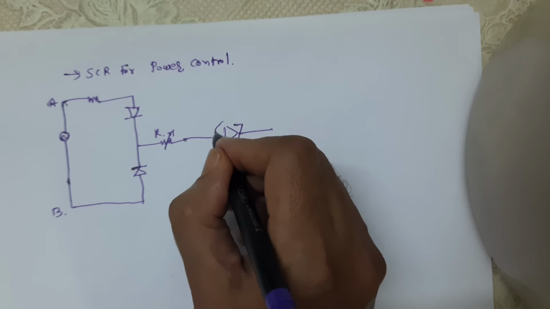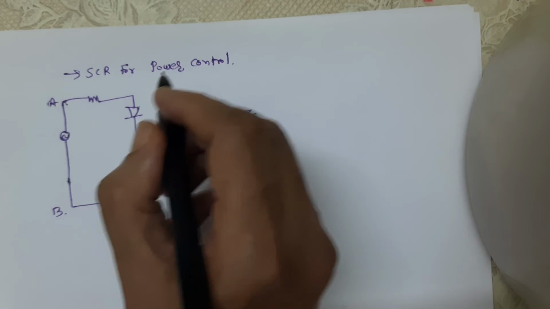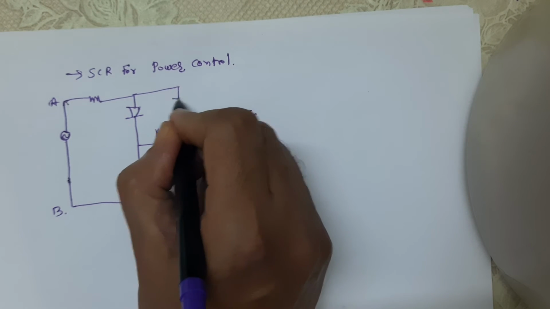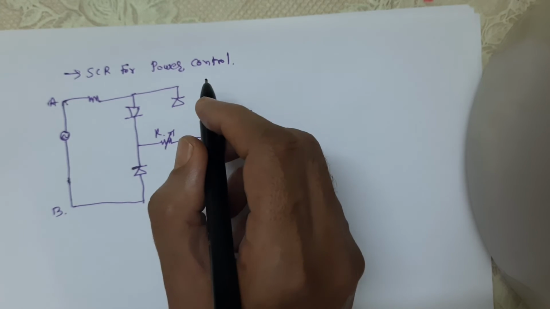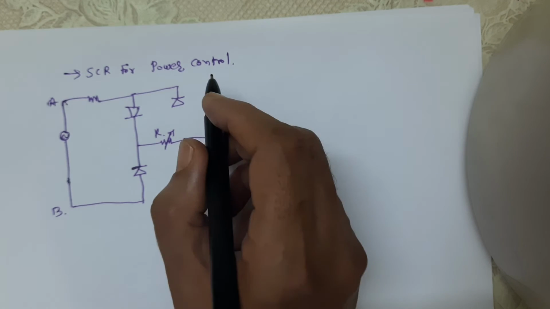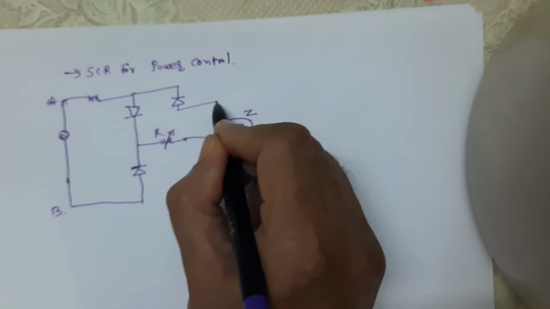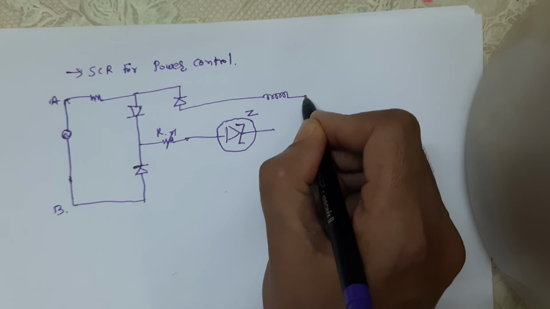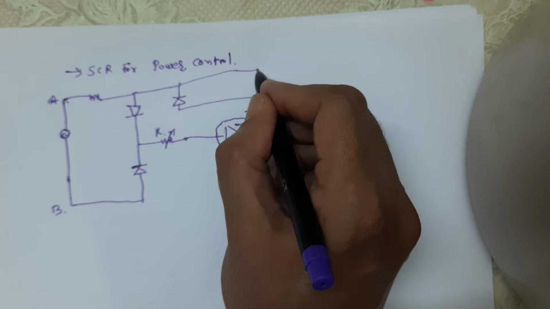This is your Zener diode Z, and from here there is again diode D3, and it is given to the transformer. Again there is a transformer lead.